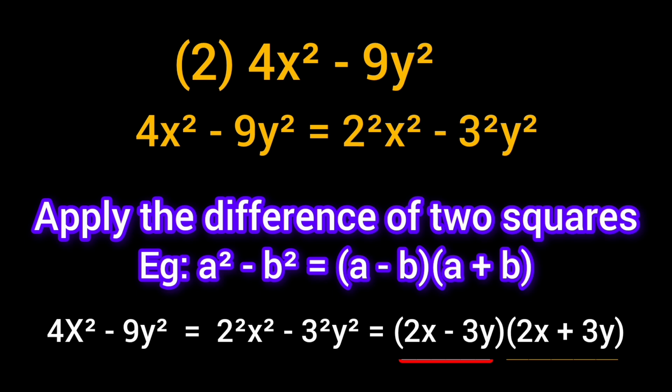By doing this, we have factorized 4x squared minus 9y squared to be equal to what? (2x minus 3y)(2x plus 3y).